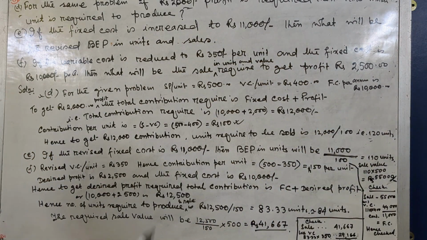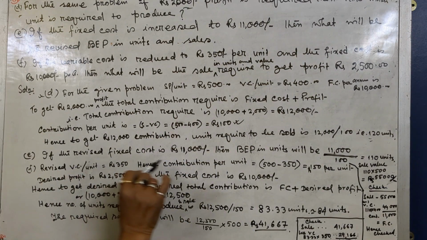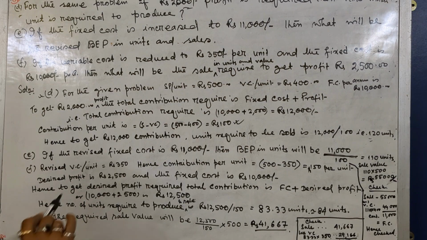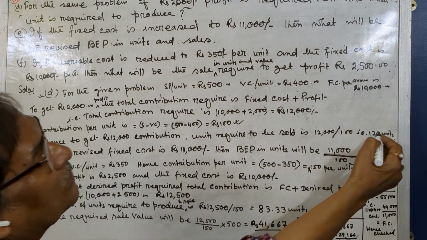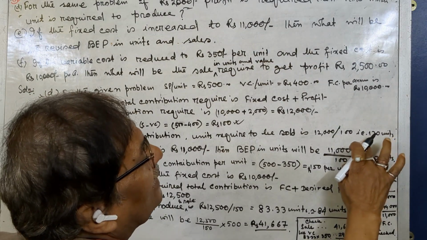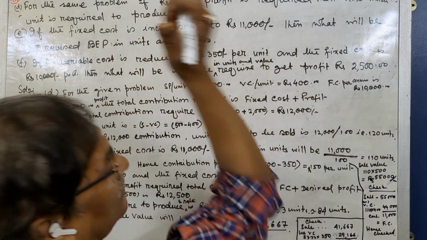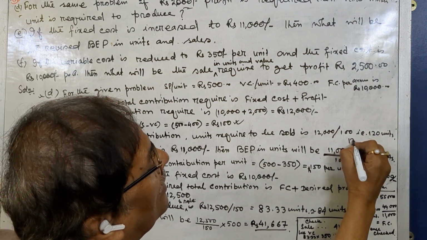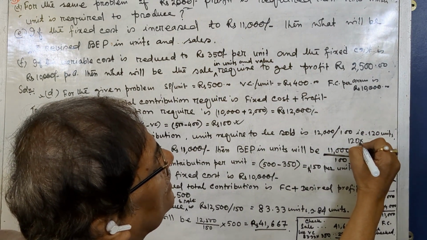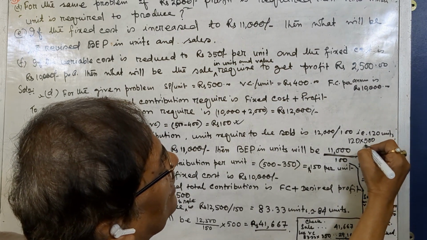You can check it by back calculation. That I am not going to show you here. I will show you in the next problems. These are units, and if you want to know the amount of sales, then simply you multiply by the sales price per unit.